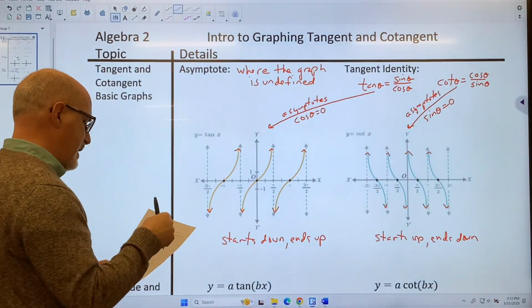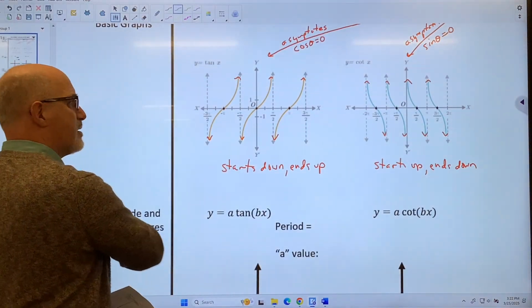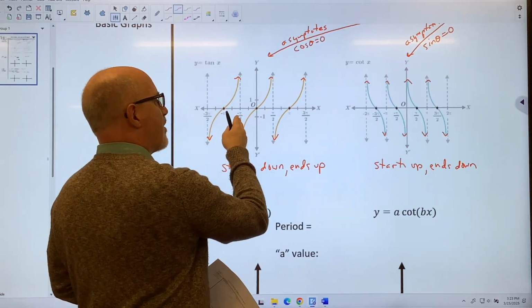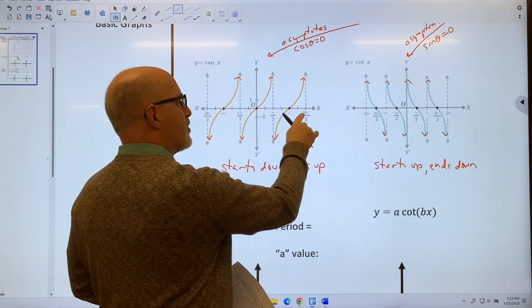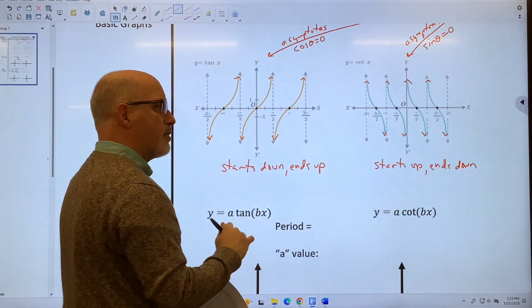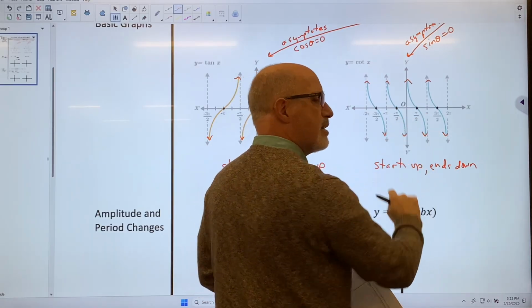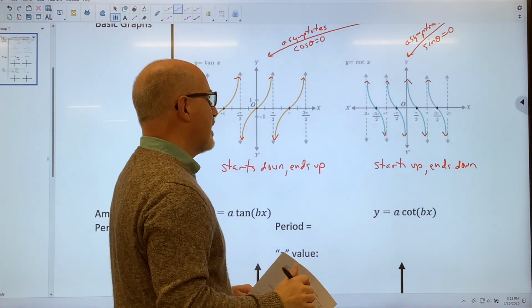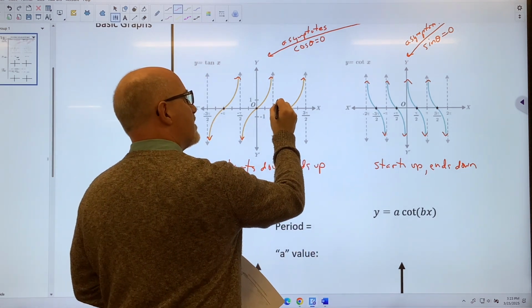Now let's go ahead and do our standard period for these. Notice that from negative pi over 2 to pi over 2, that's 1 pi, or from pi over 2 to 1.5 pi is going to be equal to pi. You can see it a little clearer here. From 0 to pi is pi for a single period. Also, remember we've done these in degrees.